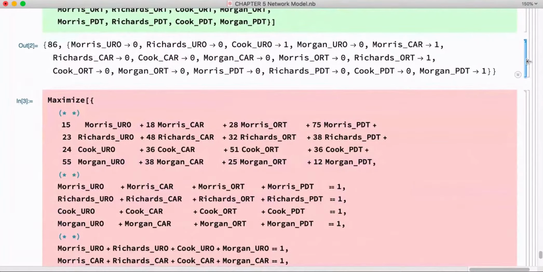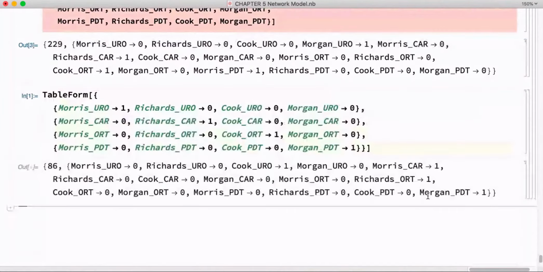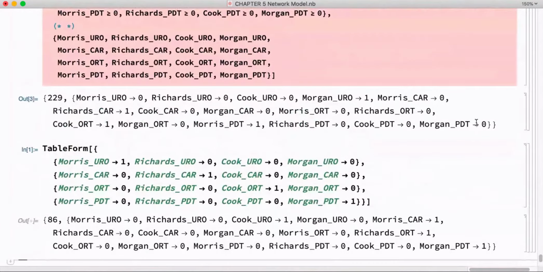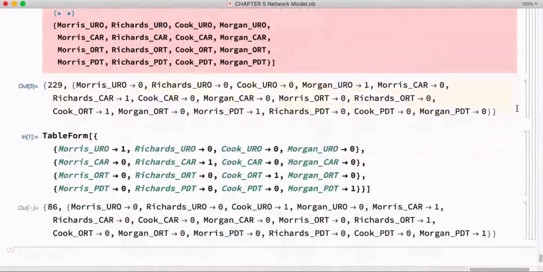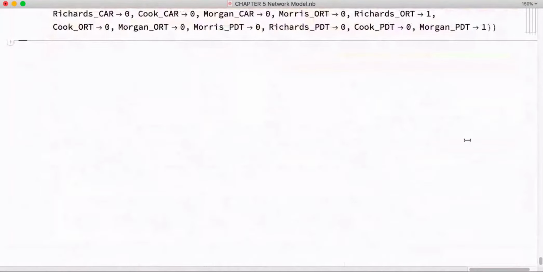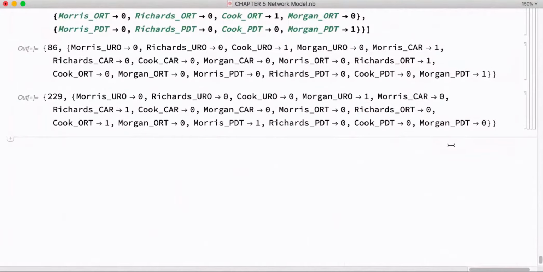I take the best case. I go to the end and I put it here. I take the worst case and I put it there. I mark it. This is the best. Green.